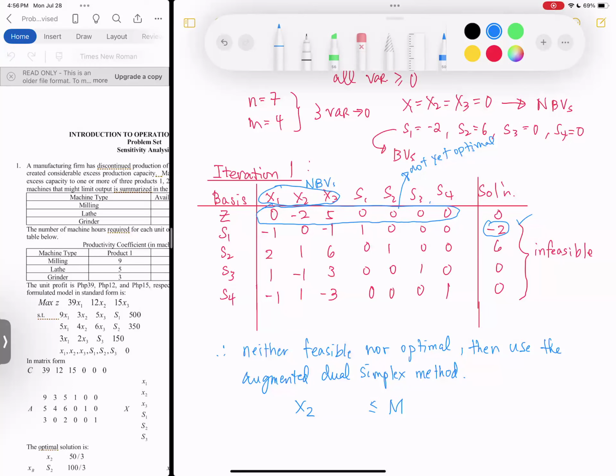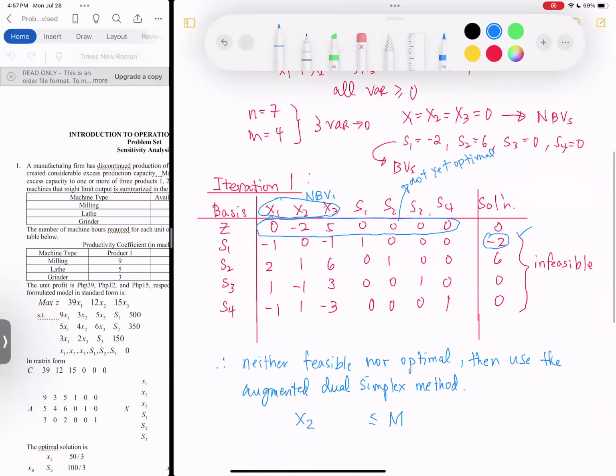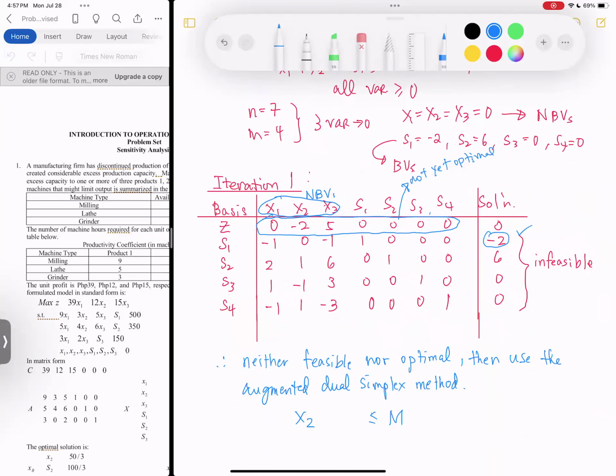To make sure that this constraint, when added to your system here, is sure to be redundant and will not affect the optimal solution in any way. Okay? So, since there's only one variable that makes this suboptimal, then we do x2 less than or equal to m. Okay, and then we convert it to standard form.